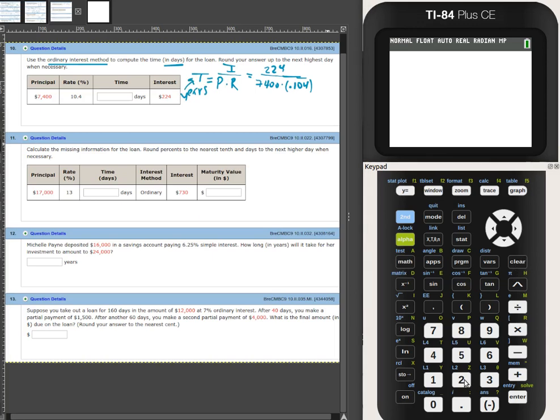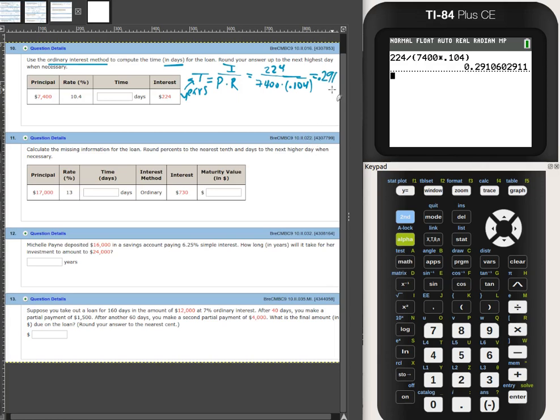But why don't we just do the calculation first? 224 divided by 7,400 and then times the rate, 0.104. We get 0.291. Probably it will be safe to round it there, 0.291.